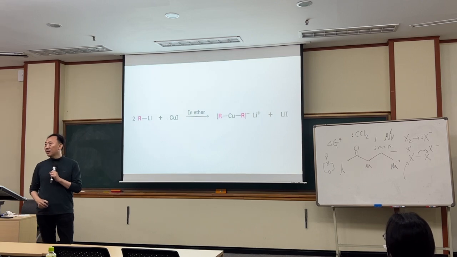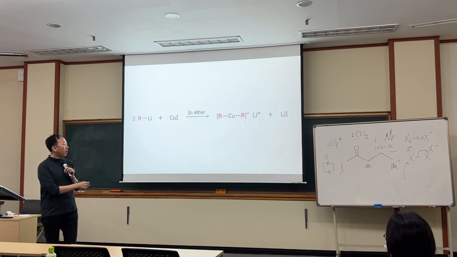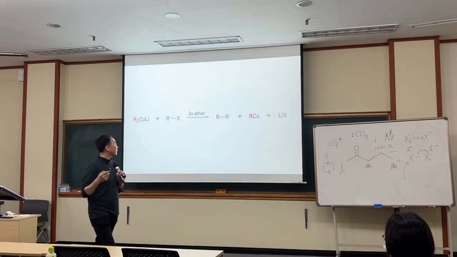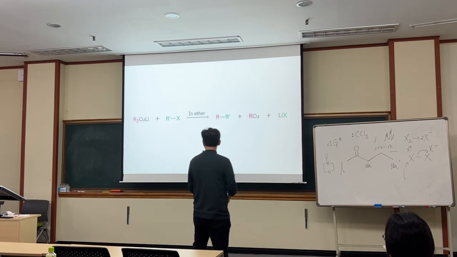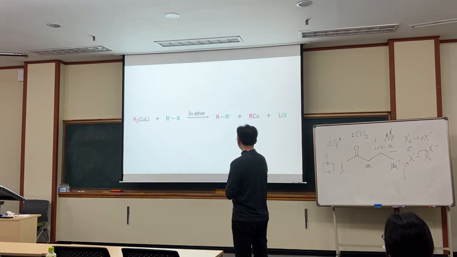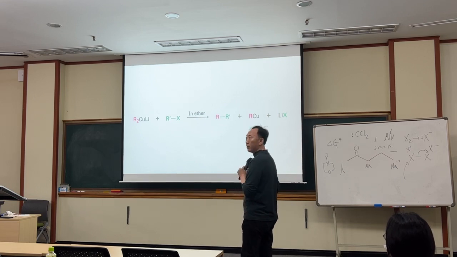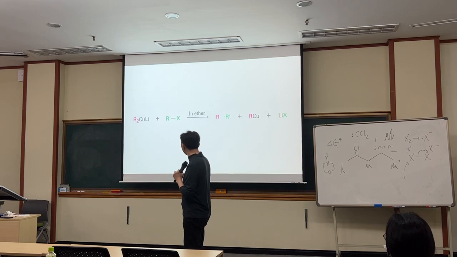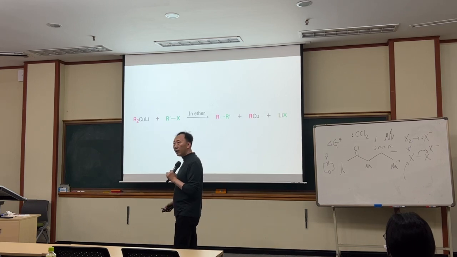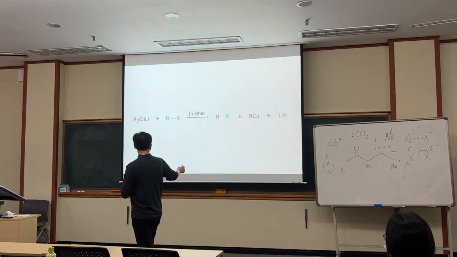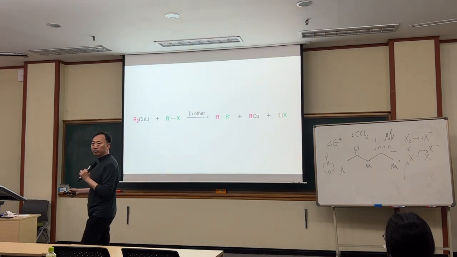Covalent bonding means it's not very hard. It's kind of softer, the carbon. Then it can act as a better nucleophile. So using this, we have a better chance to get the electrophile and then attack in an SN2 type of reaction, and the product can be formed. If this electrophile is chiral, then you can expect inversion to happen here.